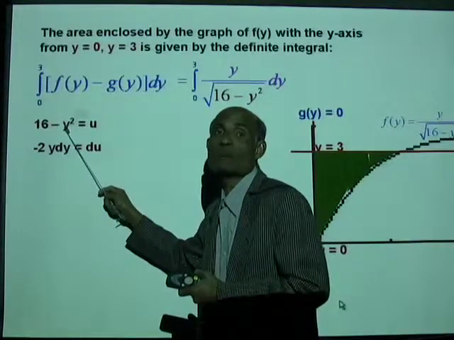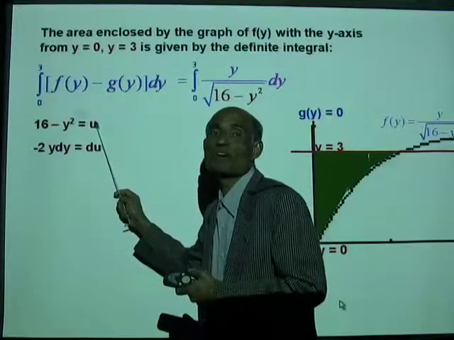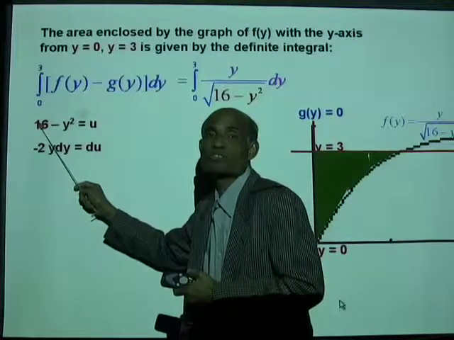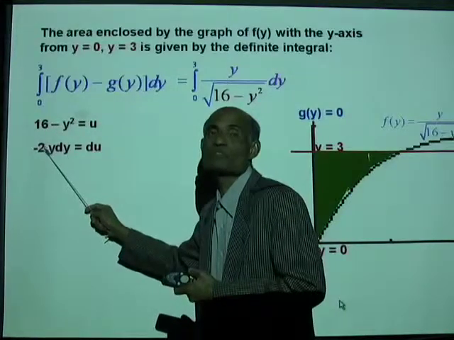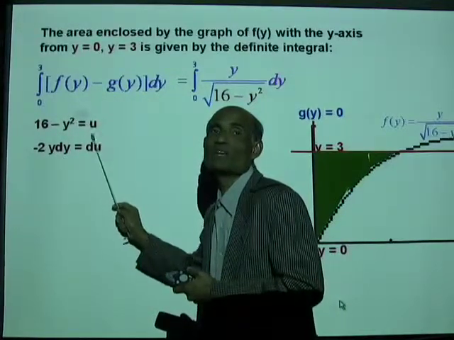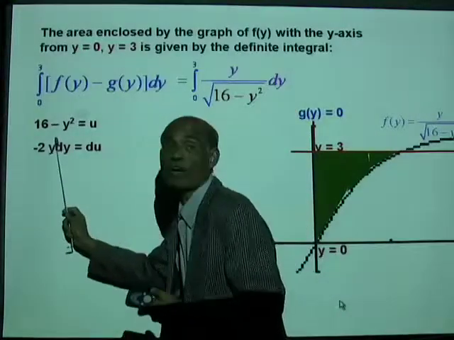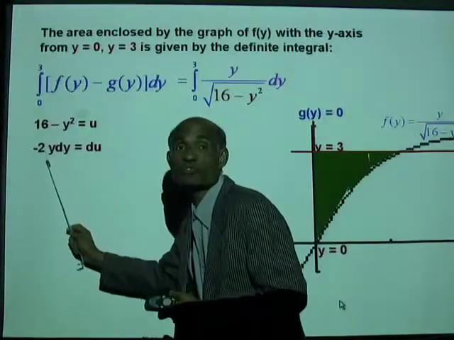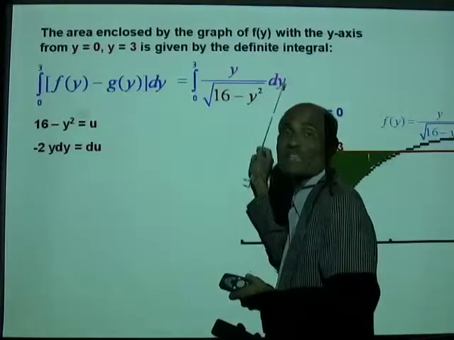If 16 minus y squared equal to u, take the differential of both sides. Differential of 16 is 0. Differential of minus y squared is minus 2y dy equal to differential of u is du. Now, what this gives you is we can now solve for y dy. That is what we need to replace here.